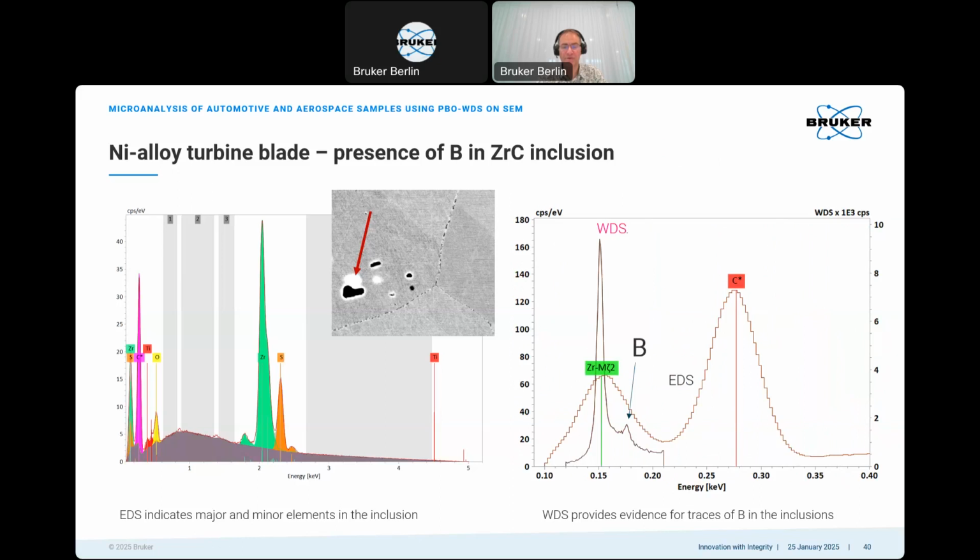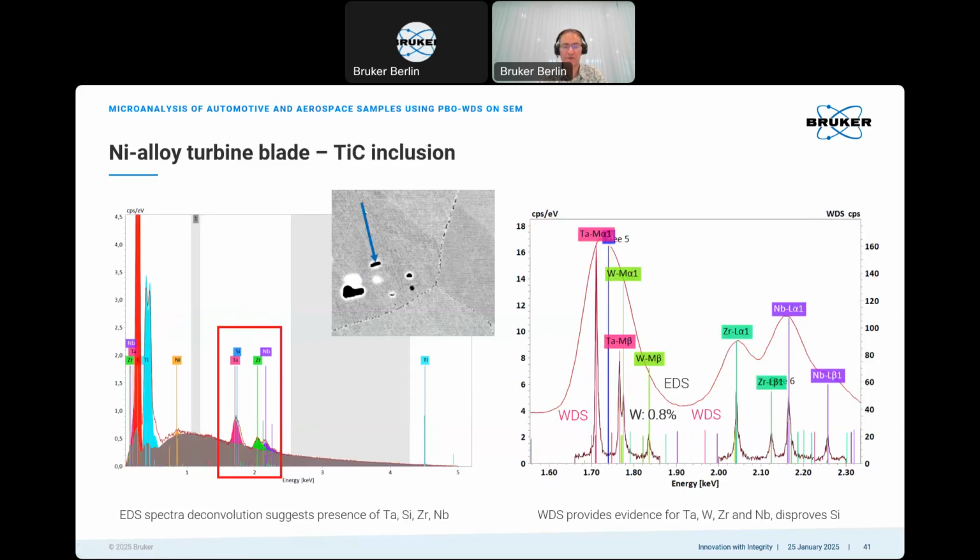So there is a portion of boron inside these samples, which is overlapping with the zirconium zeta lines. And since it is overlapping and the intensities are quite low for the EDS, it cannot be found by the EDS, but only by WDS.